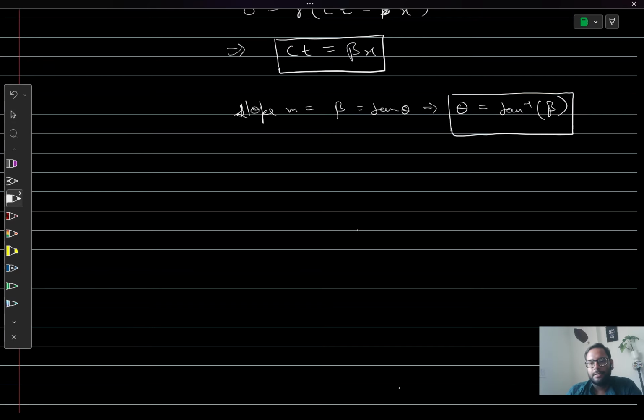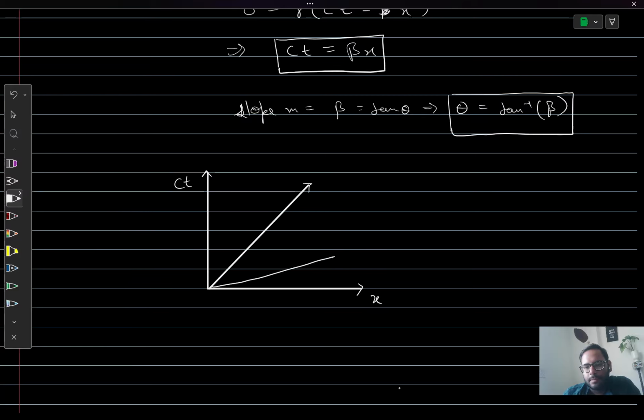So the angles will look like this in this graph. Suppose let's take this as the x axis and this as the ct axis. These graphs will look like this. For the x prime axis, my angle should be tan inverse beta.